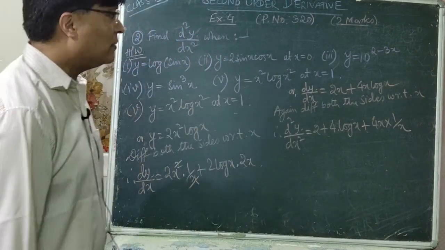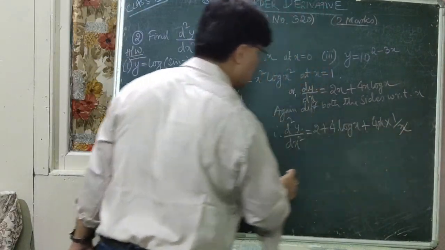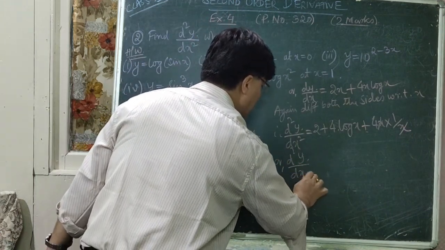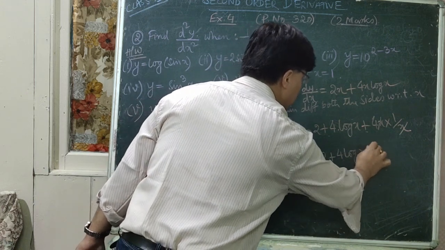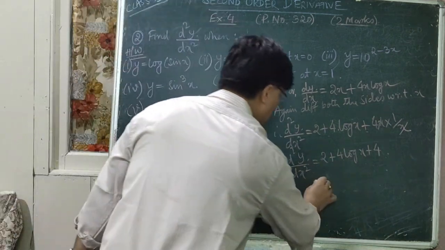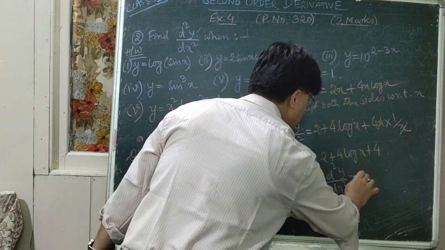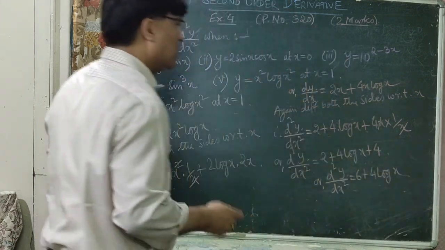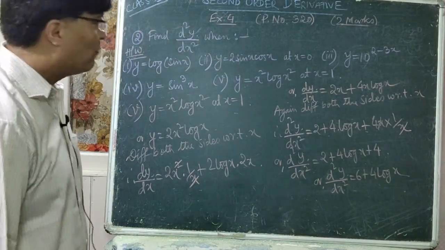It is 1 upon x. Okay, so here you can cancel this, x and x get cancelled, or d2y by dx square is equal to 2 plus 4 log x plus 4. Okay, so d2y by dx square is equal to 6 plus 4 log x. So this is your differentiation, that is d2y by dx square is equal to 6 plus 4 log x.